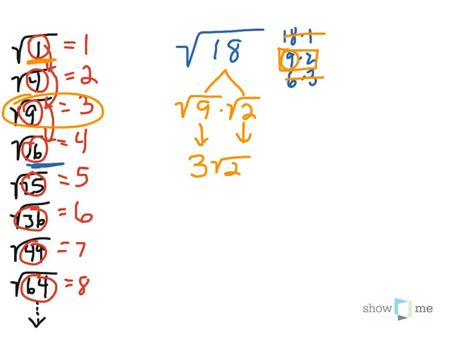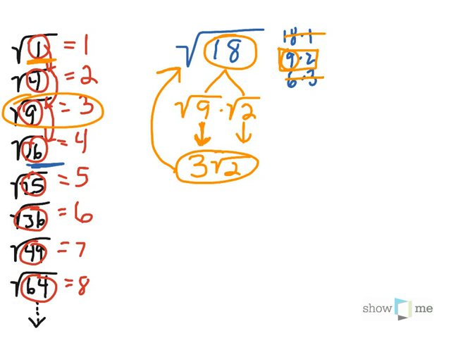And 3 times the square root of 2 is an expression that means the same as this, but notice we get to work with smaller numbers. You may not think 18 is a big number, but as we move on, you're going to see some fairly large values. We would like to write them with as small numbers as possible, and hopefully with one that happens to be a perfect square.